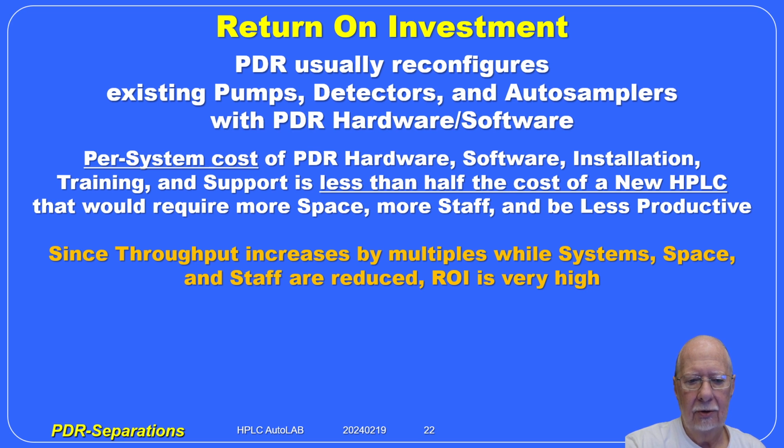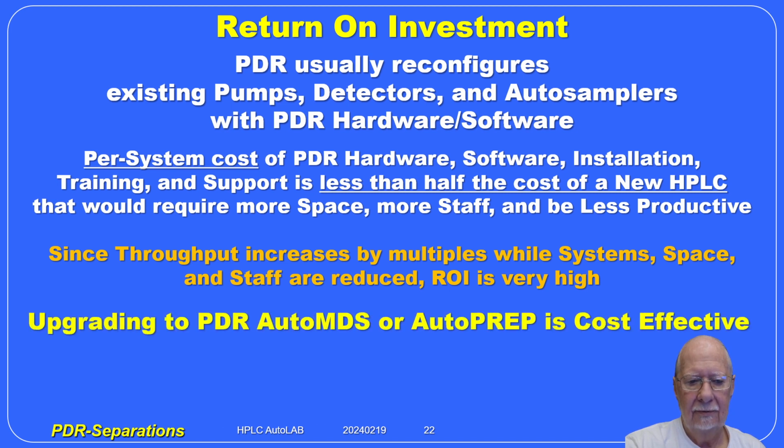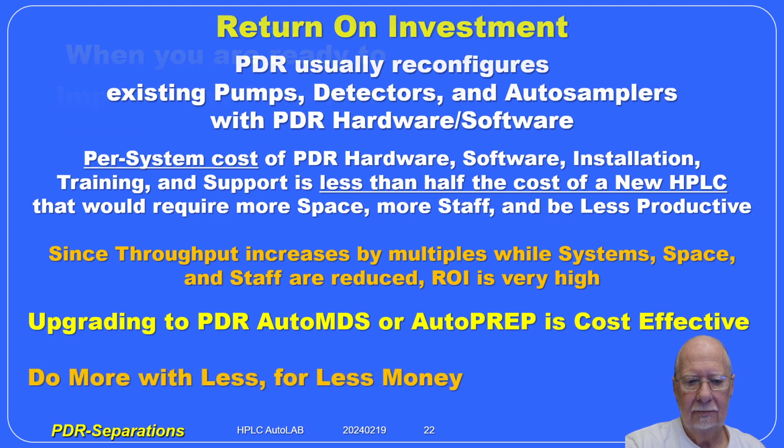Since throughput increases by multiples, while systems, space, and staff are reduced, ROI is very high. Upgrading to PDR AutoMDS or AutoPREP is cost effective. Do more with less for less money.